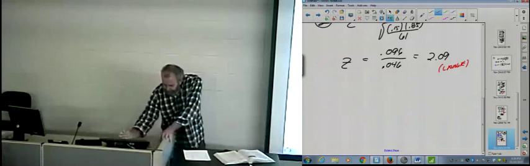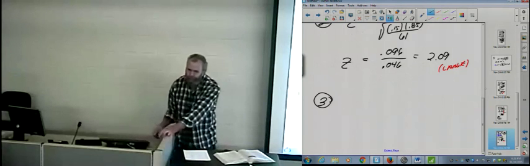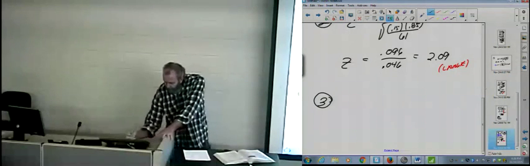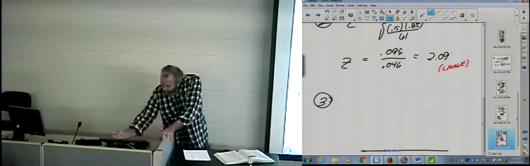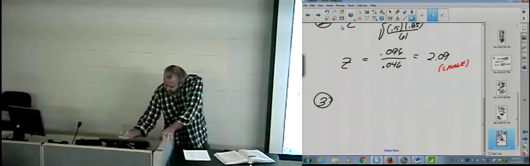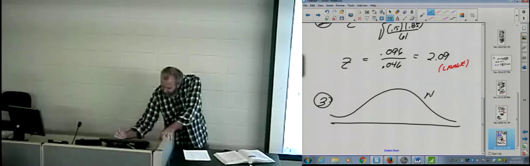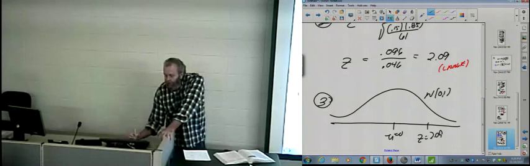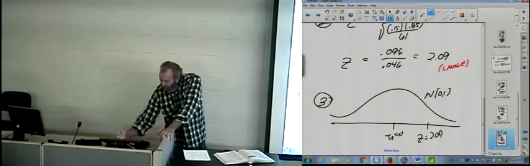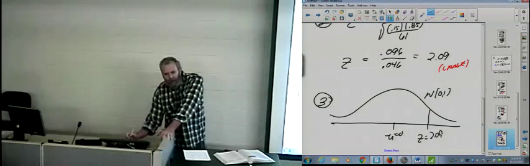3. Here's your standard normal. Remember, that's where z-scores live. Standard normal. I label it for you. The mean is 0. You got a z-score of 2.09. What area do you want? You want the area to the right or you want the area to the left?